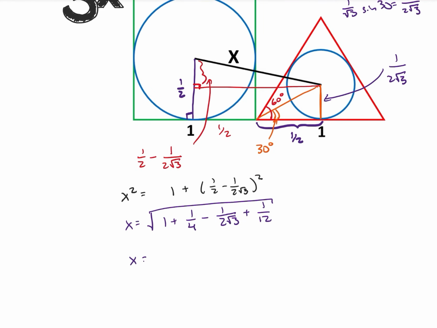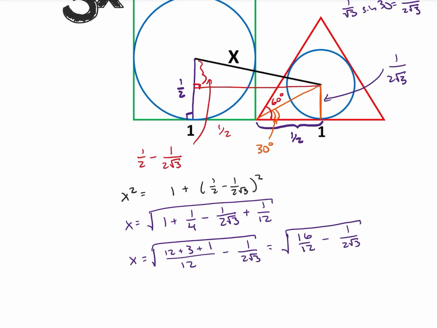So we're going to get x is going to be the square root of 12 plus 3 plus 1 over 12 minus 1 over 2 √3, which is going to give me the square root of 16 over 12 minus 1 over 2 √3. And that is actually going to be my answer.